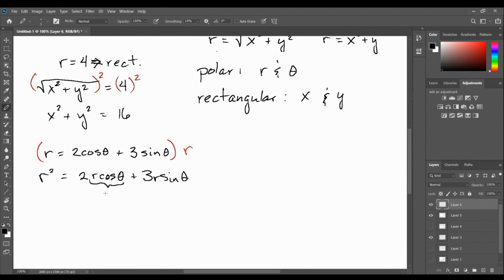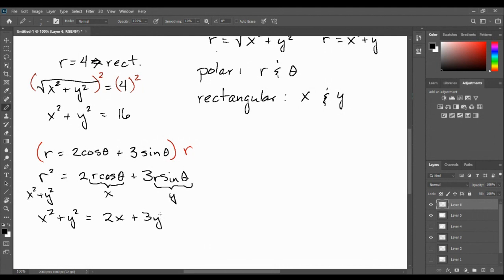All right, so r cosine theta is x, r sine theta is y, and r squared is x squared plus y squared. And so substituting all of those in, x squared plus y squared equals 2x plus 3y.